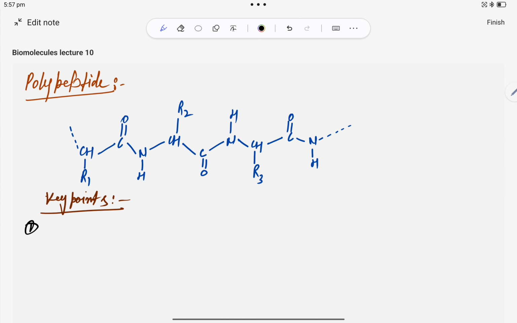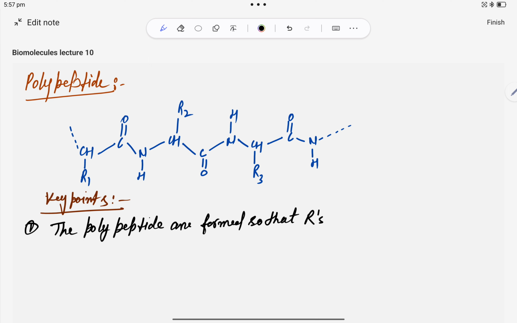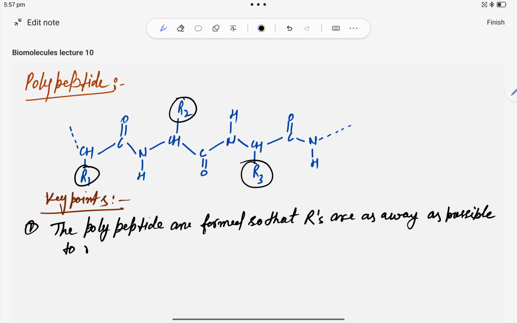Number one, the polypeptides are formed so that R1, R2, R3, the R's, are as far away as possible to reduce steric hindrance.